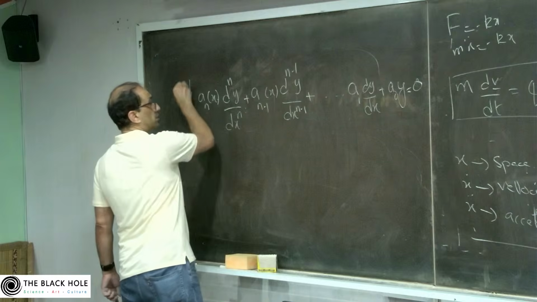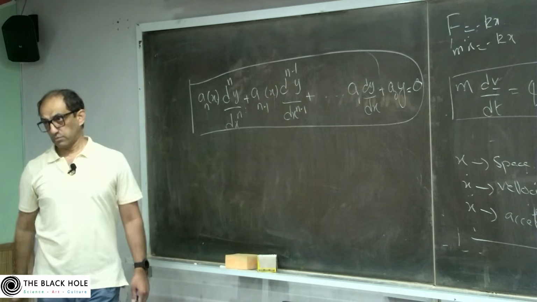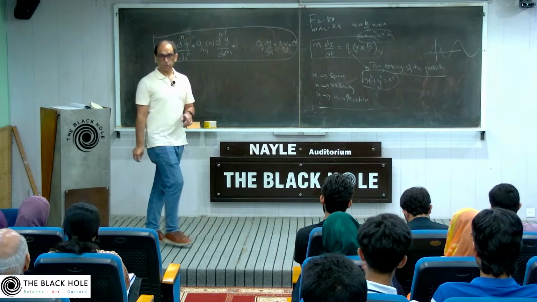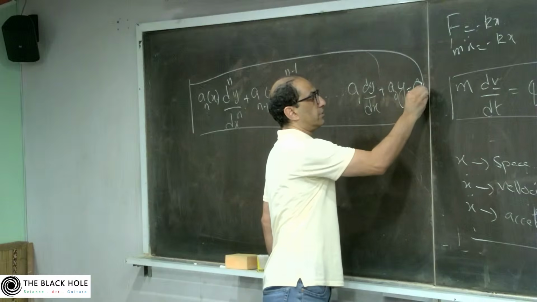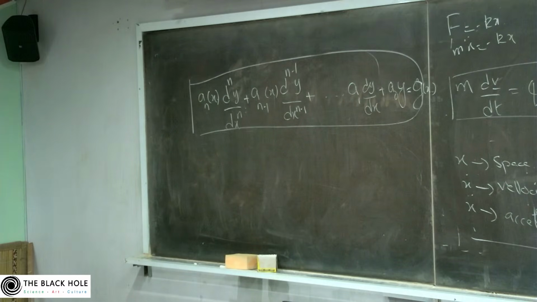If it is homogeneous, this is the nth order homogeneous differential equation, linear differential equation. And if you have this, then it becomes a non-homogeneous or inhomogeneous ODE. Okay?